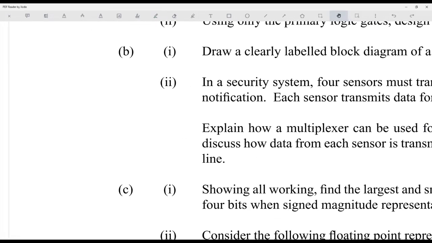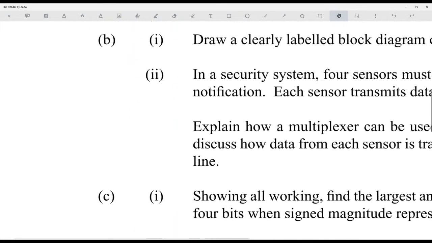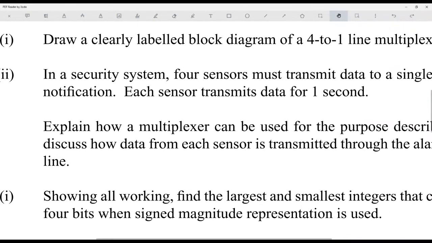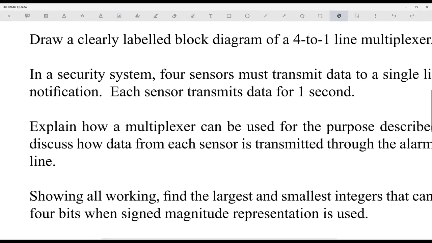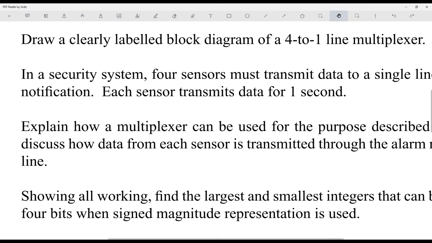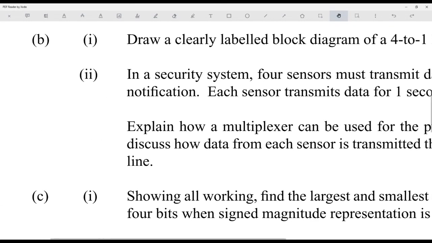Alright, so we want to know, explain how a multiplexer can be used for the purpose described above and discuss how data from each sensor is transmitted through the alarm notification. 6 marks. So the alarm system, 4 sensors come in.